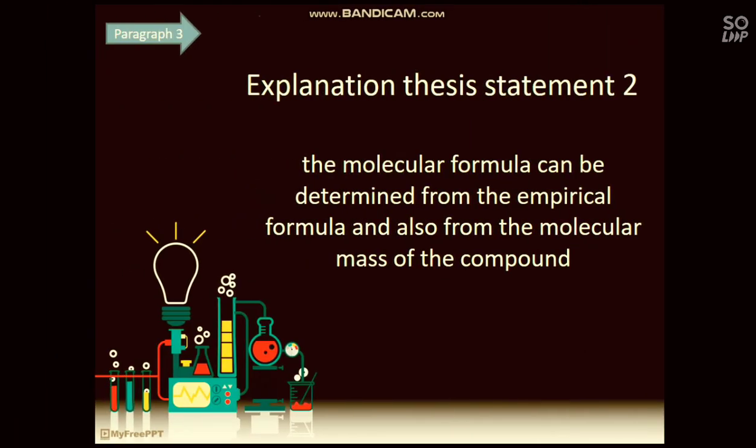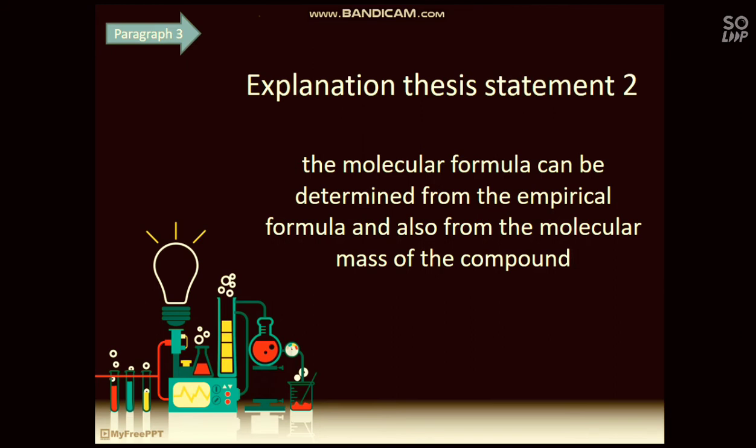In the third paragraph, I will explain how we determine the molecular formula from the molecular mass and empirical formula. The molecular formula can be determined from the empirical formula and also from the molecular mass of the compound. The empirical formula is a formula that has very simple index numbers, so you can determine the molecular formula from the empirical formula.